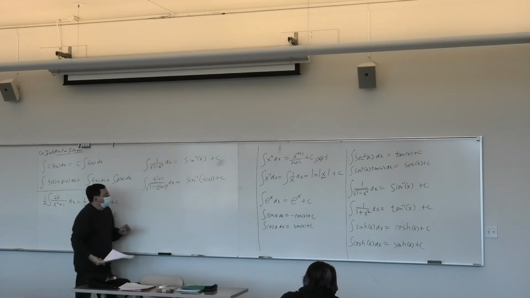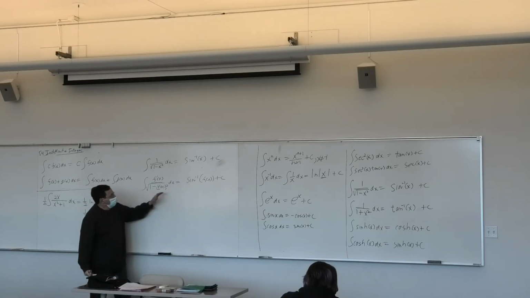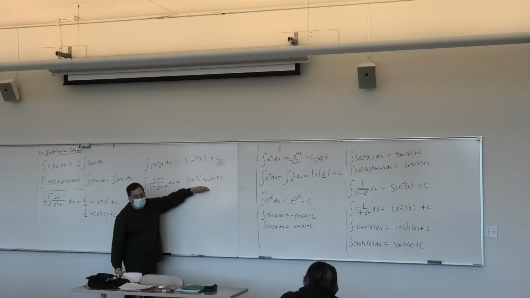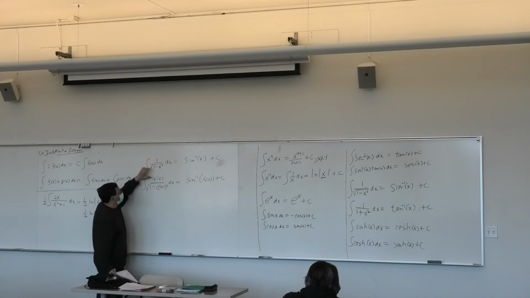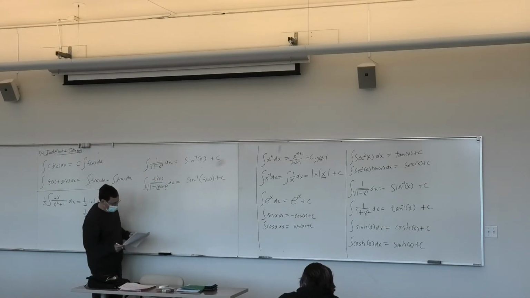Again, if it's not obvious why, just find the derivative of the inverse sine of some function. Well, I'm going to have to plug that function into this expression, 1 over the square root of 1 minus f of x squared. But the chain rule requires I multiply by the derivative.